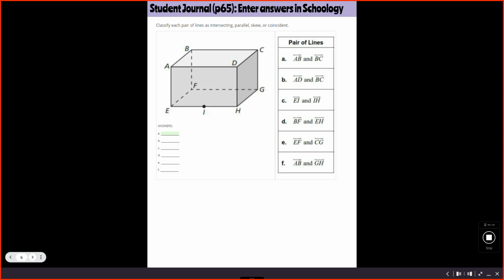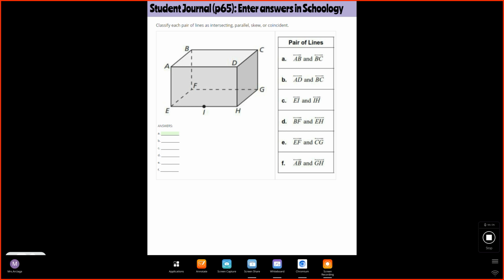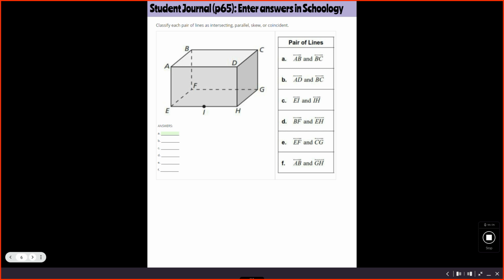All right. So on your student journal, write down either intersecting, parallel, skew, or coincident. So intersecting means they cross at one point.